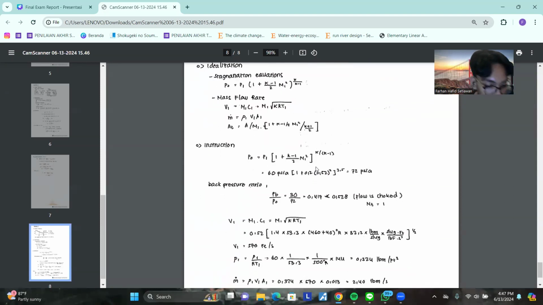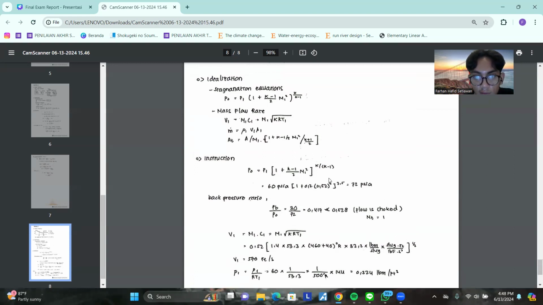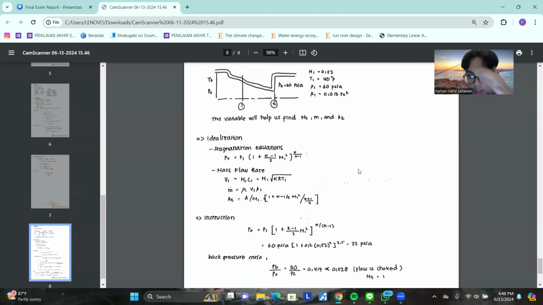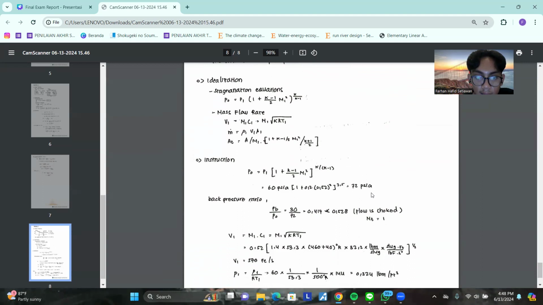First things first, we check for choking. To determine isentropic flow down to PB, we evaluate the stagnation conditions. We substitute the known parameters into the stagnation equation, and we get an initial pressure of 72 PSIA.